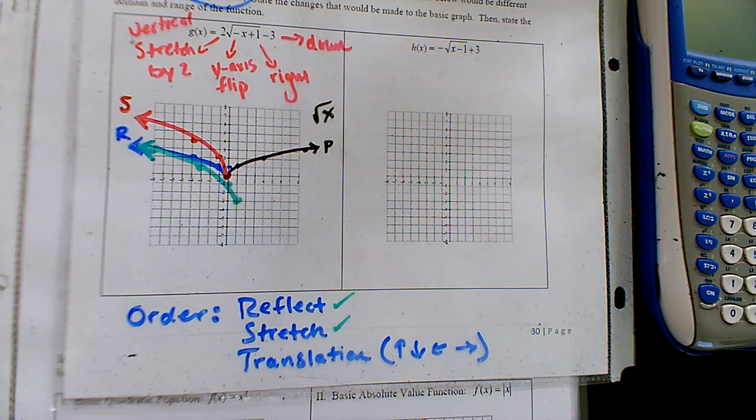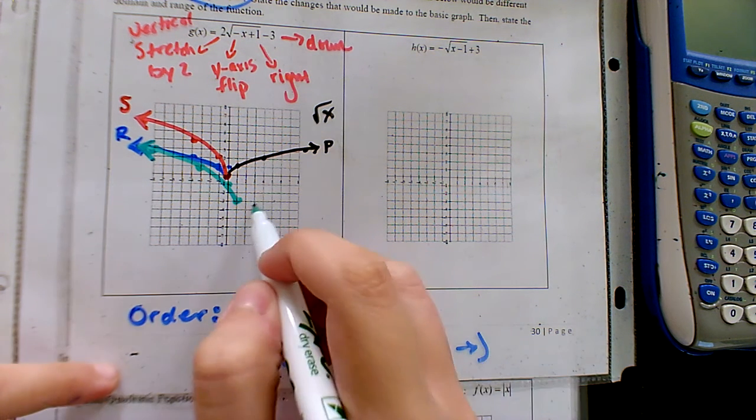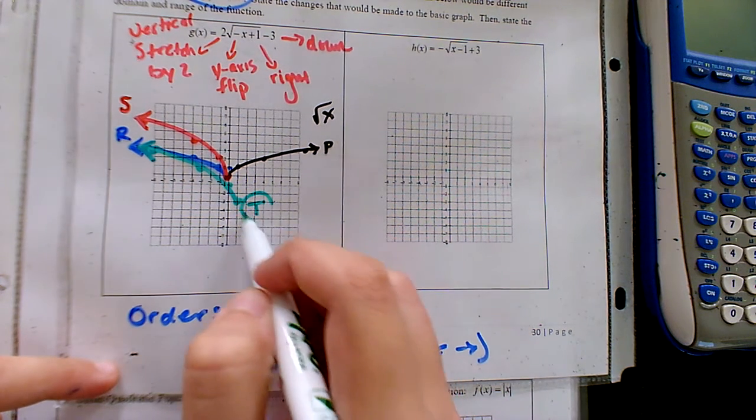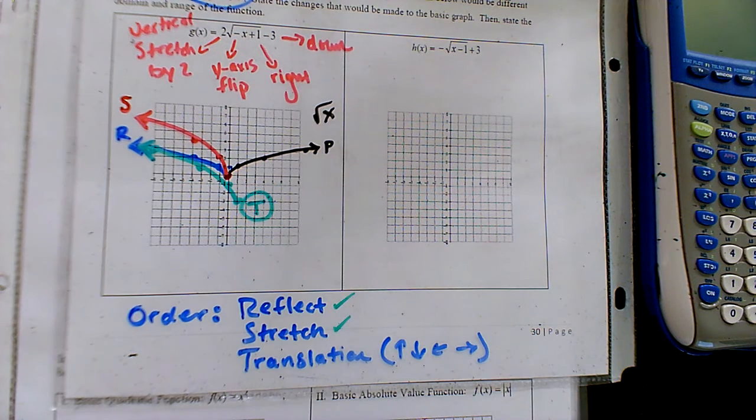Now it might get confusing after a while because you're going to have various different graphs on your paper. You can do this kind of 2 different ways. Since this is the last one, I want you to label it T for translation, and then I want you to circle it so I know that's your final one.